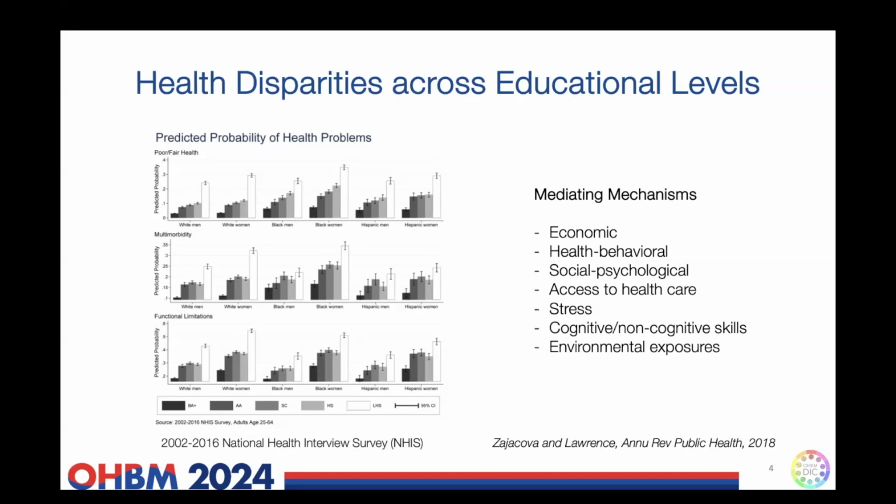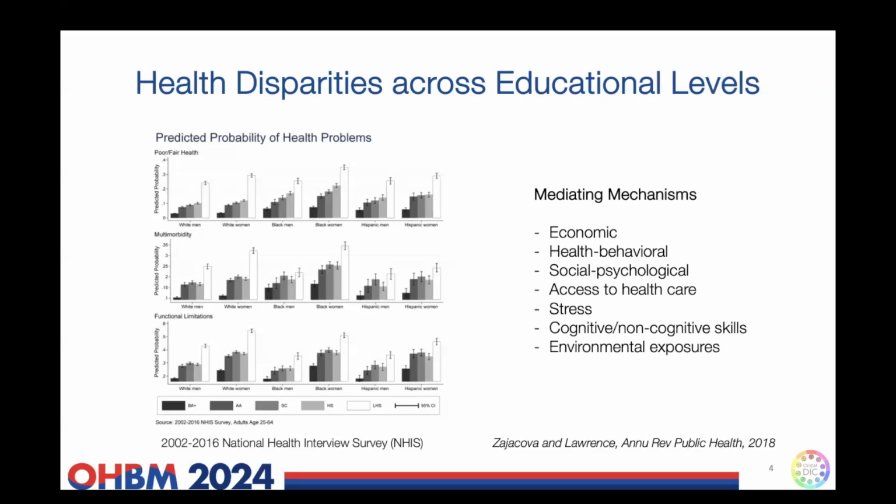The association between health problems and education levels were consistent across race and gender. The most prominent mediating mechanisms were economic, health behavioral, and social psychological factors, in addition to access to healthcare, stress, cognitive and non cognitive skills, and environmental exposures, among many other mechanisms.